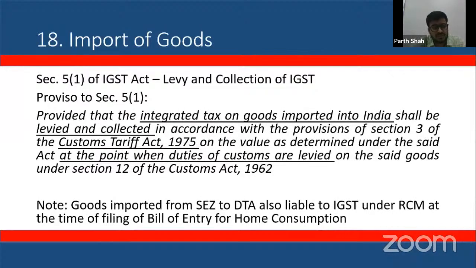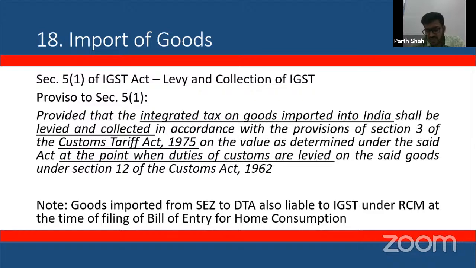What the provisions say is that as per section 5(1) of the IGST Act, integrated tax IGST on goods shall be levied and collected in accordance with the provisions of the Customs Tariff Act on the value determined in the Customs Tariff Act, at the same point when customs duties are levied on such goods.